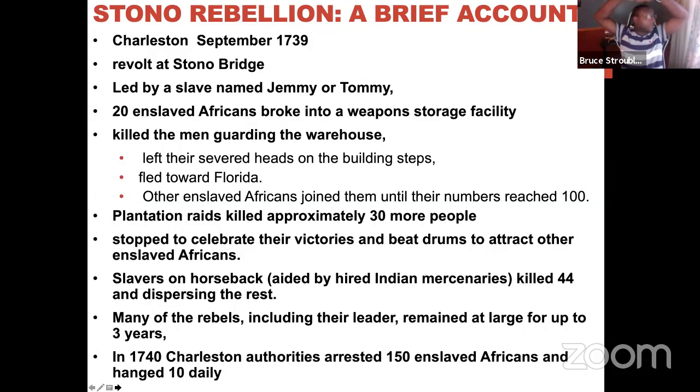Many of the rebels, including their leader, remained at large for around 3 years. Nonetheless, in 1740, authorities arrested about 150 more people, and they hung 10 daily. All right, so again, the consequences of rebellion or fighting back were very severe.